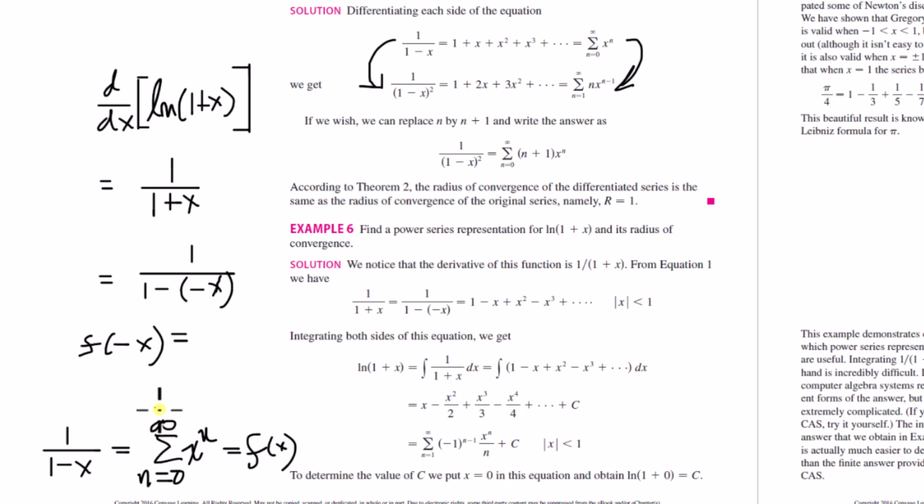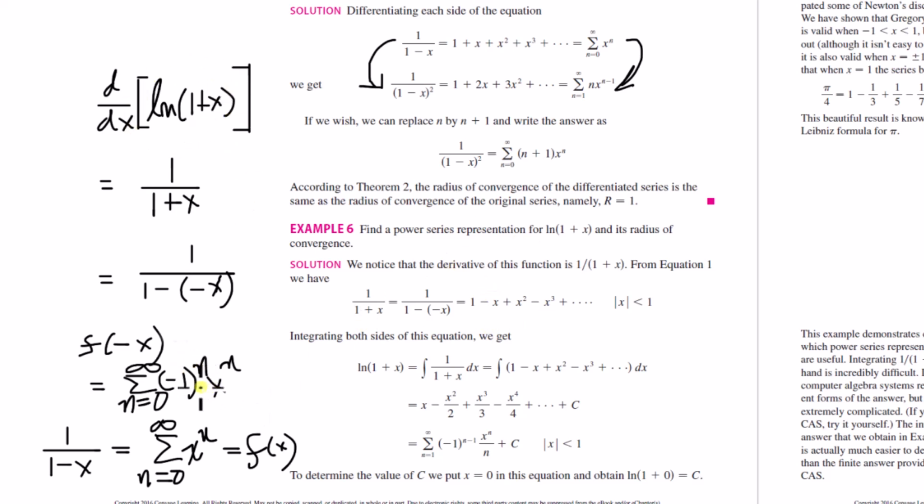But here we've got f of minus x, so we've got minus x to the n. So that's minus 1 to the n, x to the n. Okay? We want to integrate this power series because if we can find the integral of this power series, we're going to get another power series, right? Well, but what's the other side of this equation? That's this. So when we integrate this, we get natural log of 1 plus x. So then we'll have the power series representation of natural log of 1 plus x.